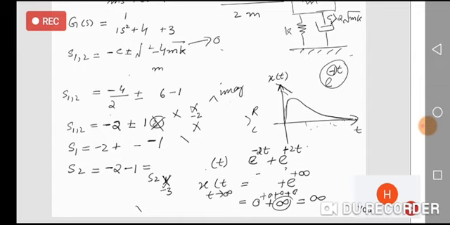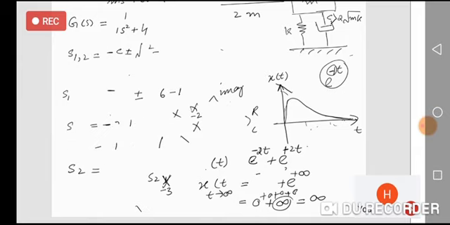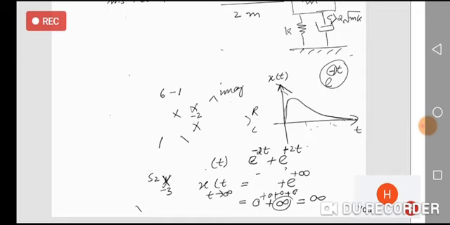Yes, sir. Okay. So these are the 4 different conditions, and I'm going to plot the poles of the system on a complex plane, and then I'm going to ask you, what kind of system do you suspect this is? Is it an underdamped system, overdamped system, or critically damped system? So my first case is, so I have S1 and S2. Let me ask a question from a particular student.